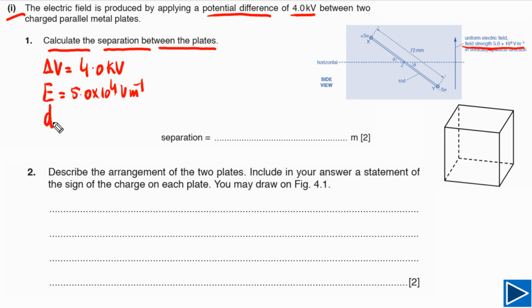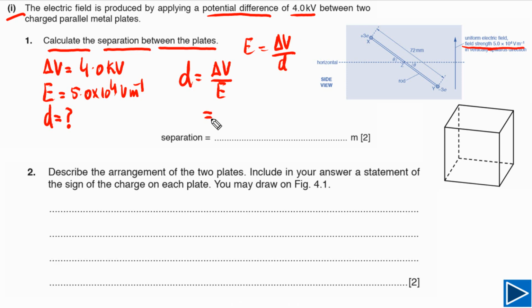And for this question we need to calculate separation. It means we need to find the value of d. So d we can simply write down, this is equal to delta V over E, because E is equal to delta V over d.